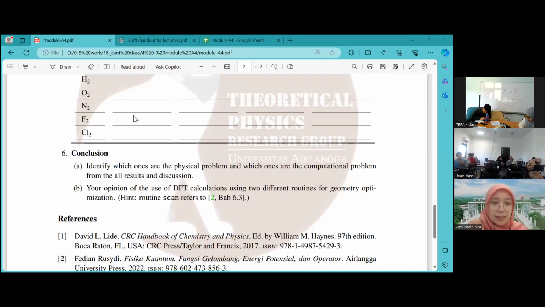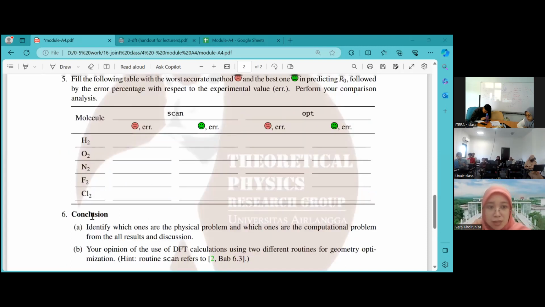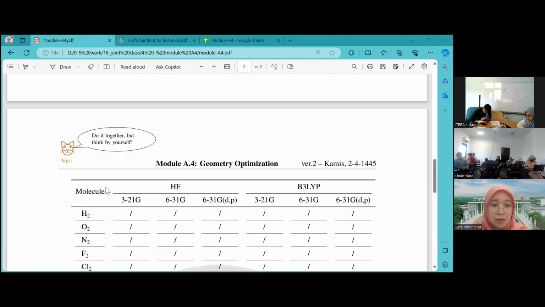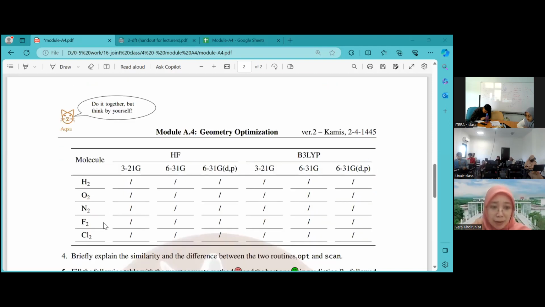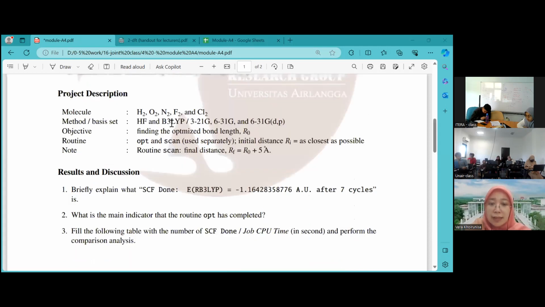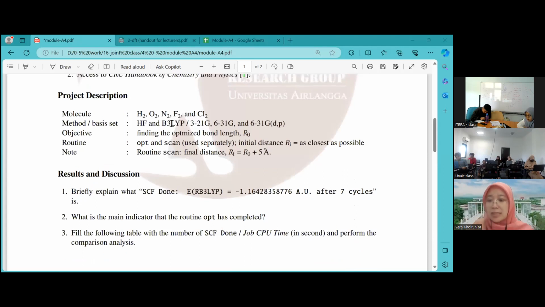From here, is there any question for your report? Because you have to submit it next week. The most important thing is that because you will compare all the molecules, you need to define the same step size.